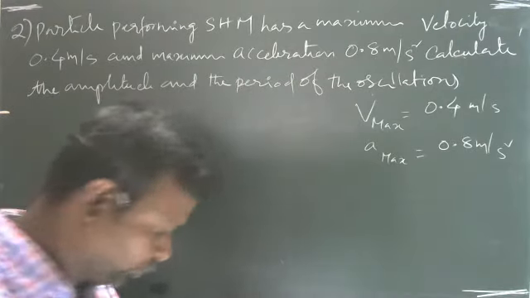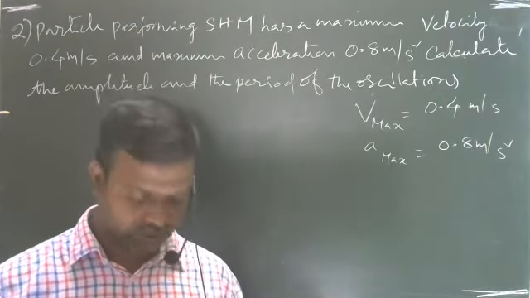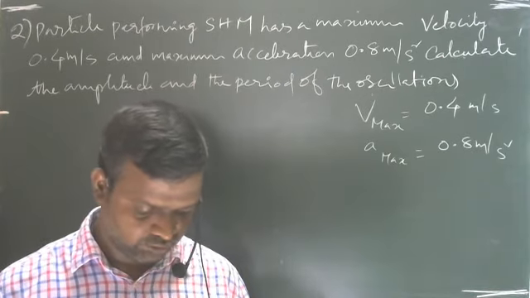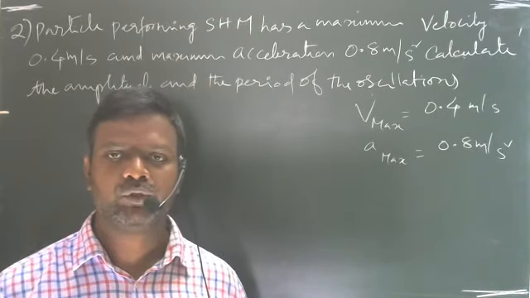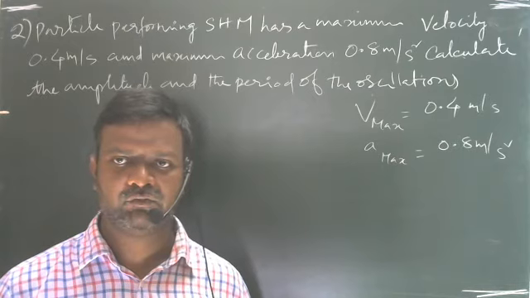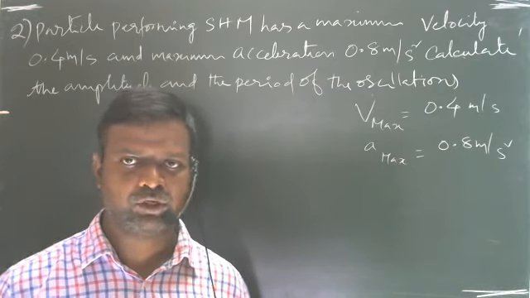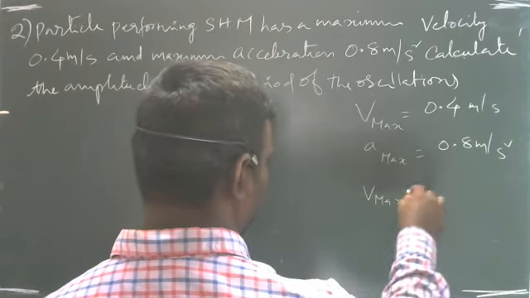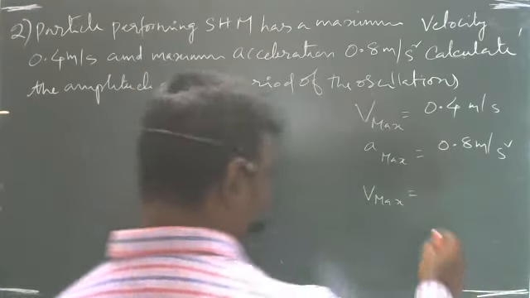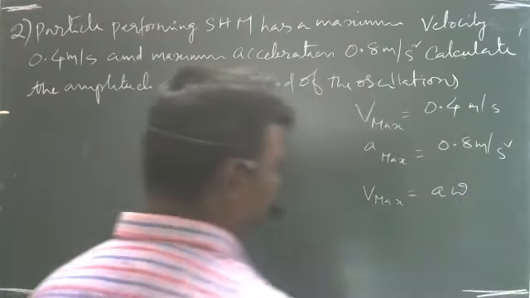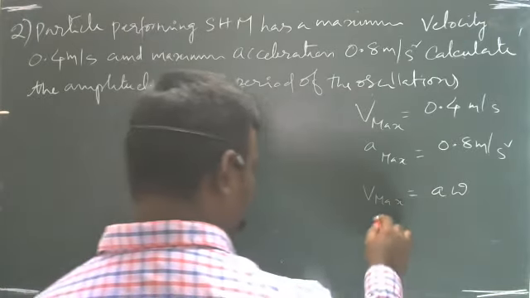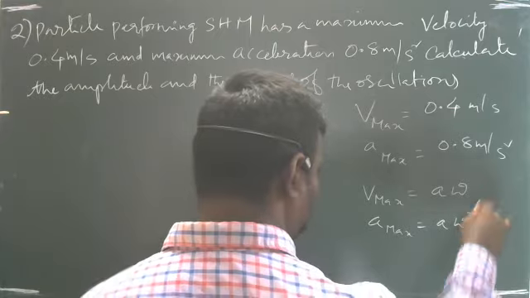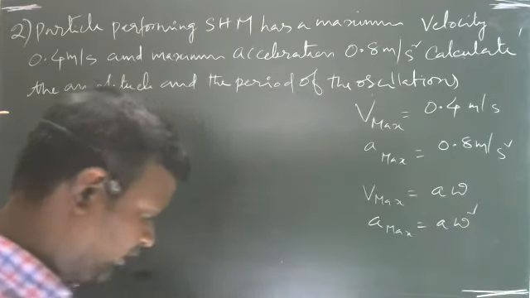Okay, so here we have to find the amplitude and period. You know the velocity equation for simple harmonic motion, that means V max is equal to A omega. Using the generating function you will get that. Next, A max is equal to A omega square.